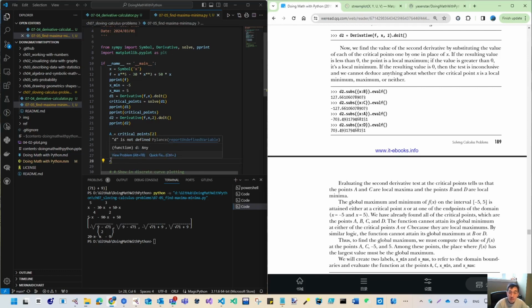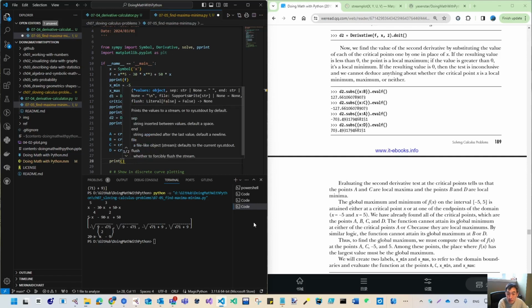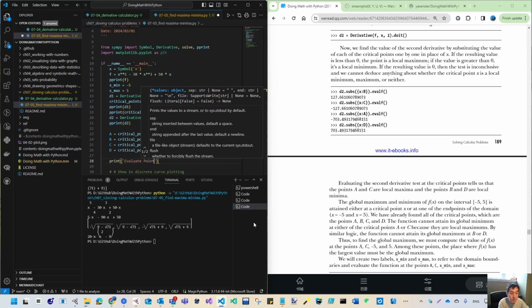So let's print those. Let's use print with D2, the evaluate, point B, is, let's see, the format 0 with .5f.